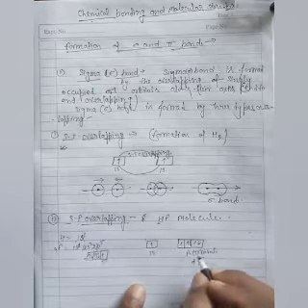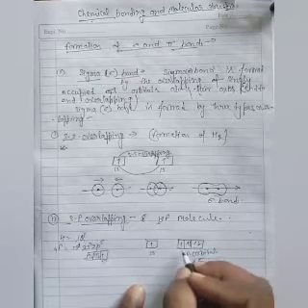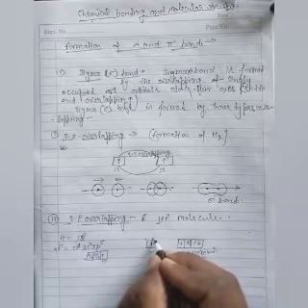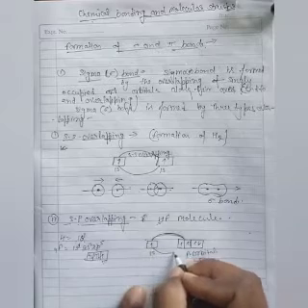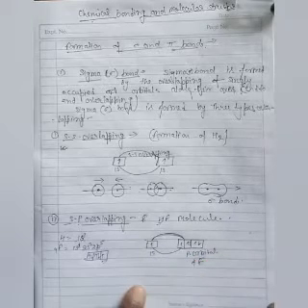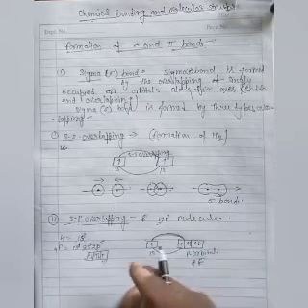The p orbital of fluorine and the s orbital of hydrogen take part in overlapping and form a new orbital.